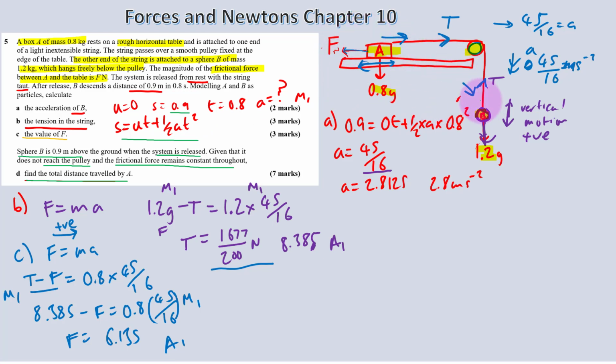That means in this question, B travels 0.9, hits the ground, but there's still some force, or this A would still be moving along, and it will take time to slow down from this frictional force here.